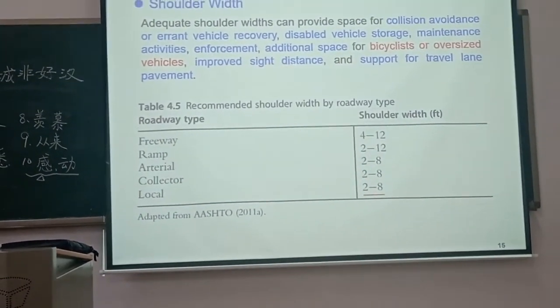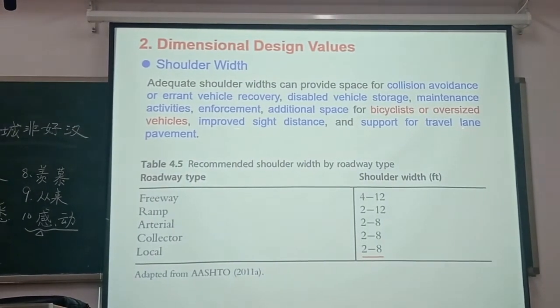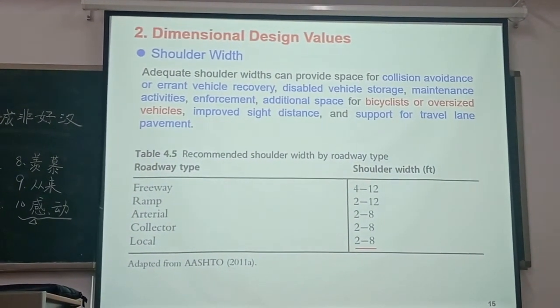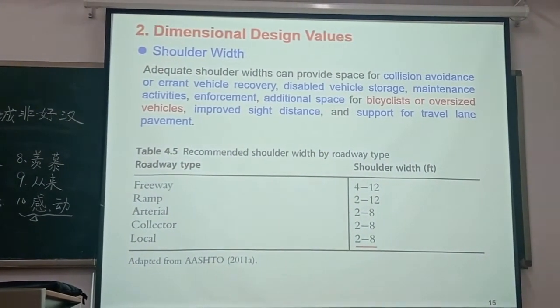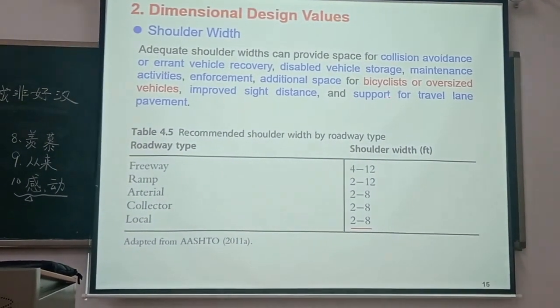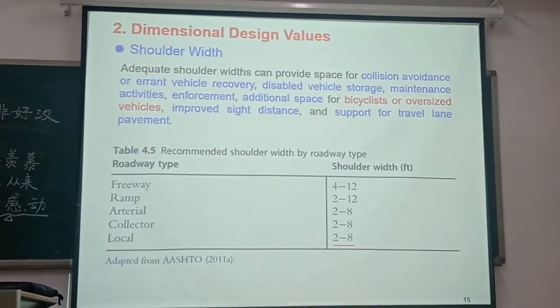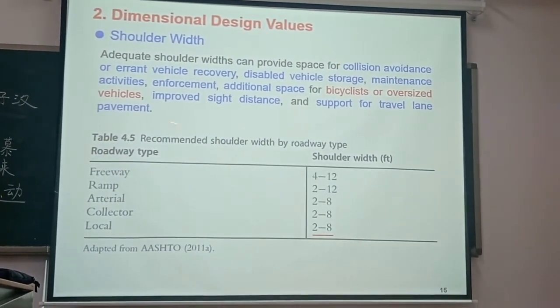They improve the sight distance and support for travel lane pavement. So we can know that the shoulder width is to provide space for this.